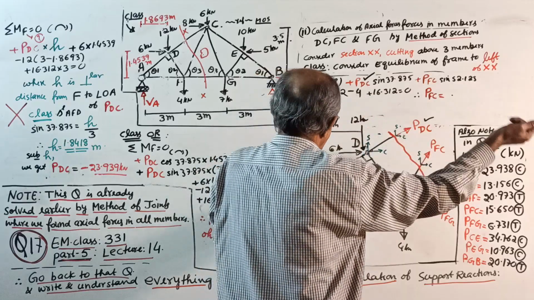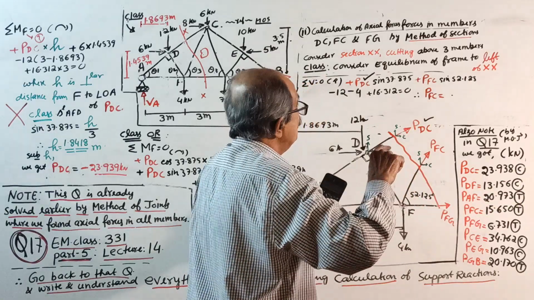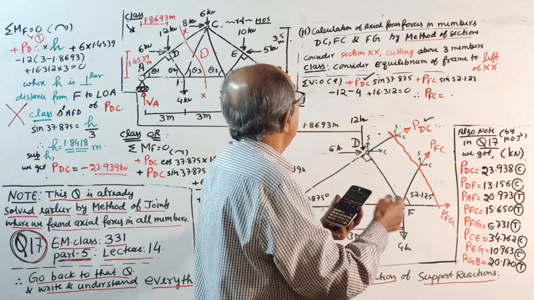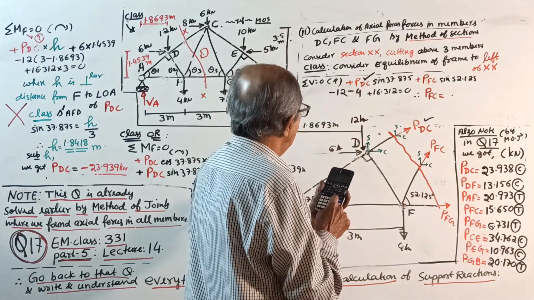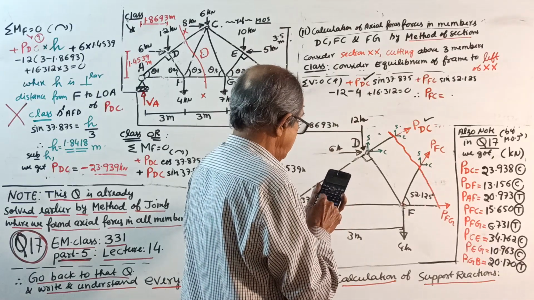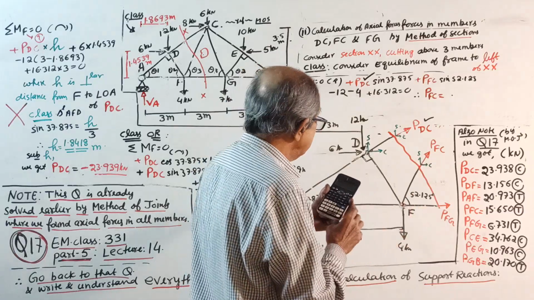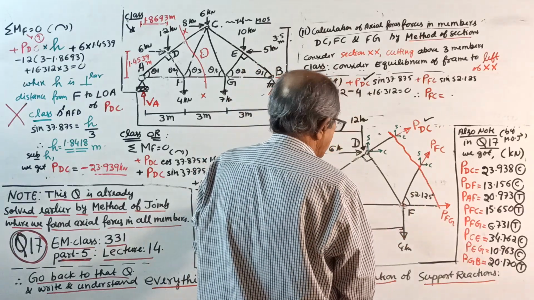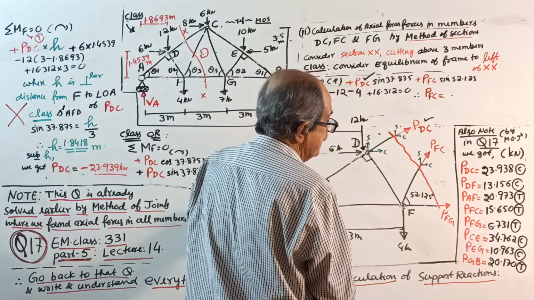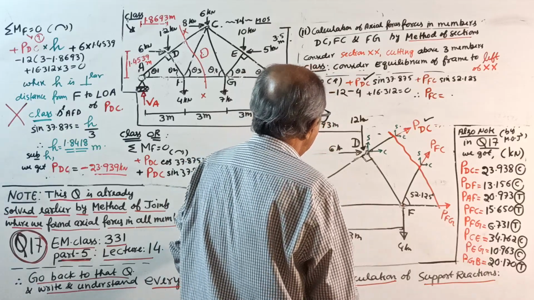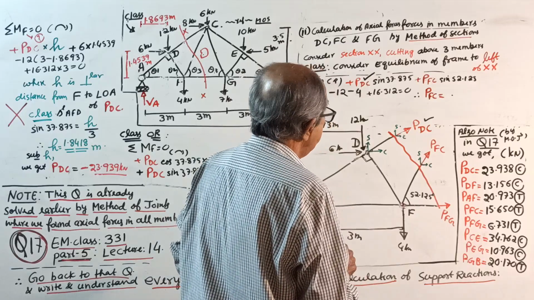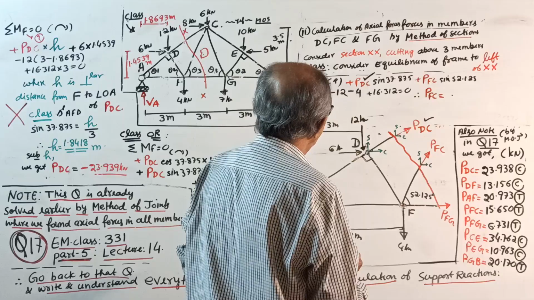It will go that side. Minus came, it will become plus when it goes there. Divided by sine of 37.875. Honestly, I have done the calculation. Minus 24 point, where is the answer there? Which one is it? PFC, 15 point.